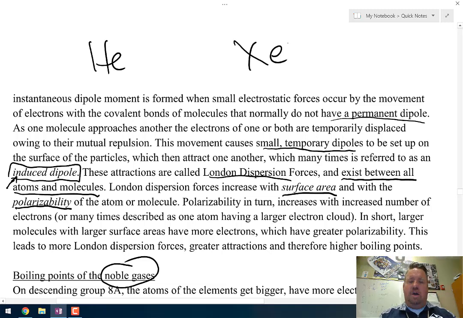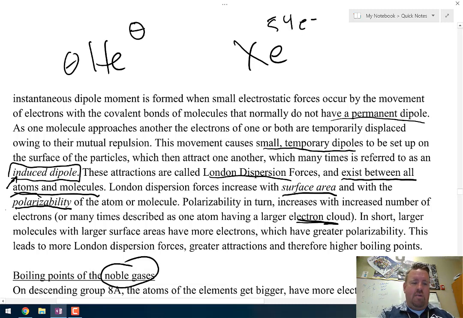Here they're talking about the electron cloud. Helium has 2 electrons, whereas xenon has 54 electrons.